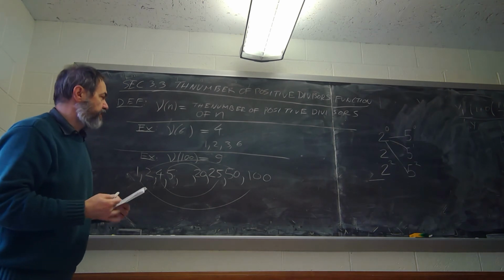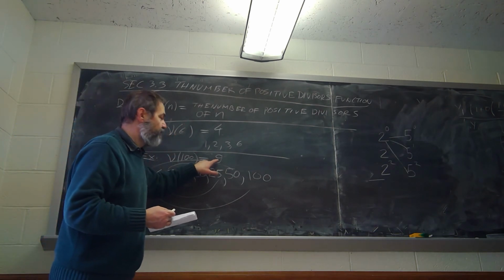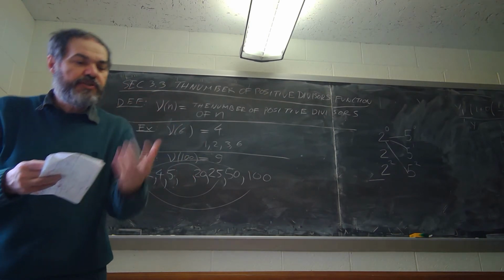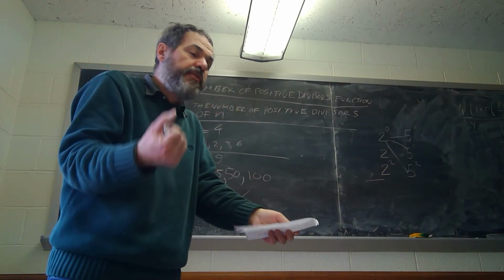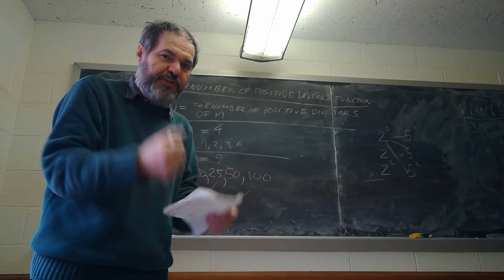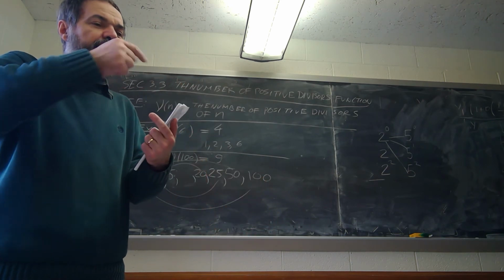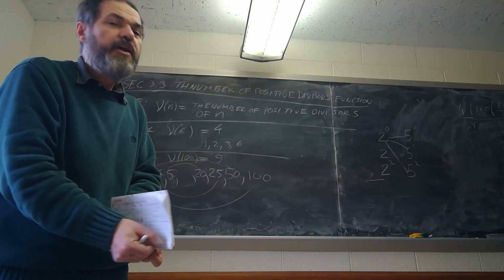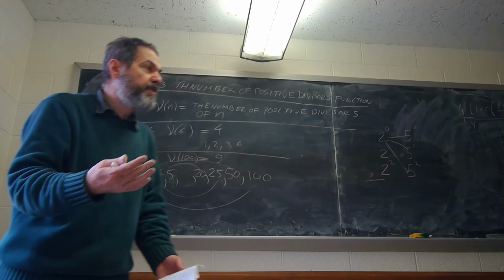We put them in pairs, but one is missing, because we said the count is 9. How can we miss one? The only way is if the missing one is in a pair with itself, in other words, the square root of the number. That's a good thing to keep in mind.